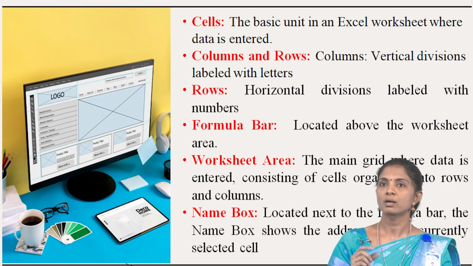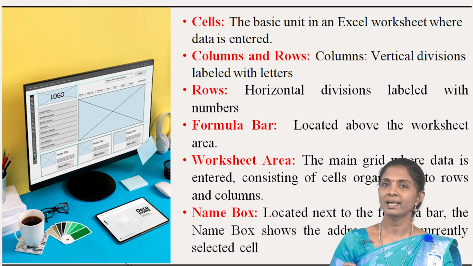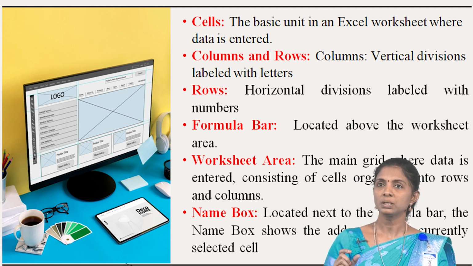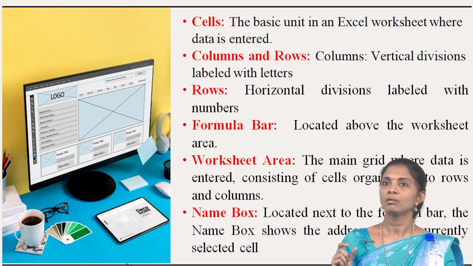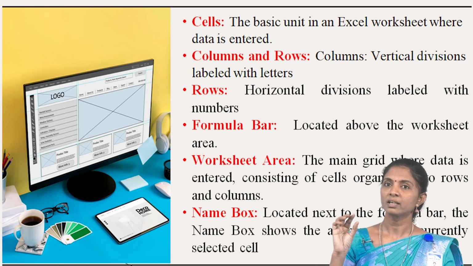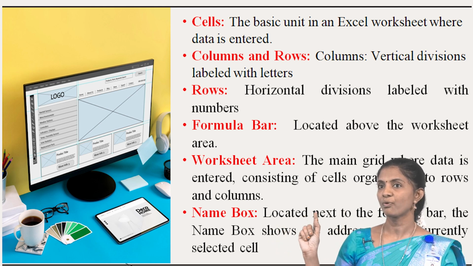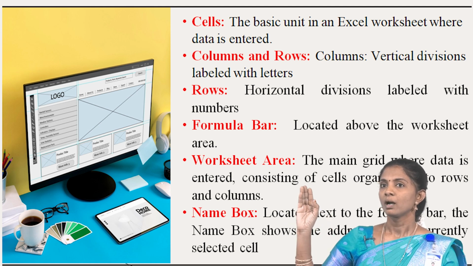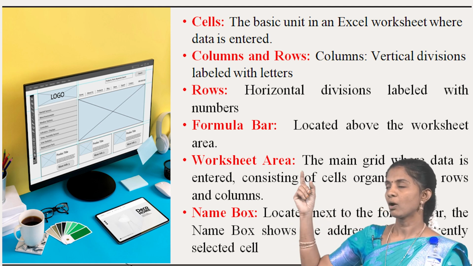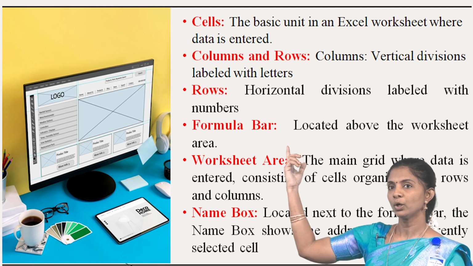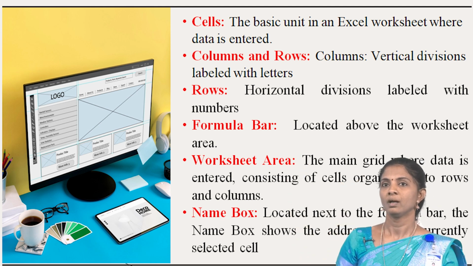Next important concept, cells. So what is called a cell? The basic unit in an Excel worksheet where data is entered. Each cell is identified by the cell address, combining the column letter and row number.